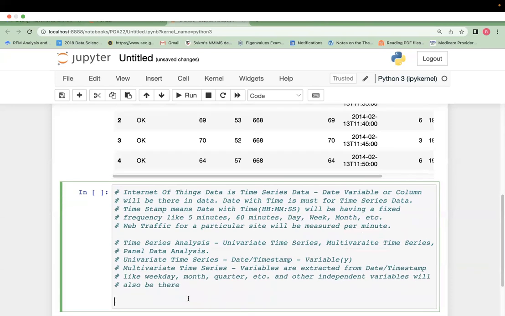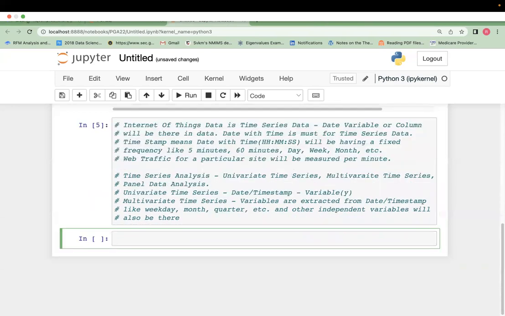We will predominantly work on these two types of time series. In industry, we work on univariate time series and we also work on multivariate time series.